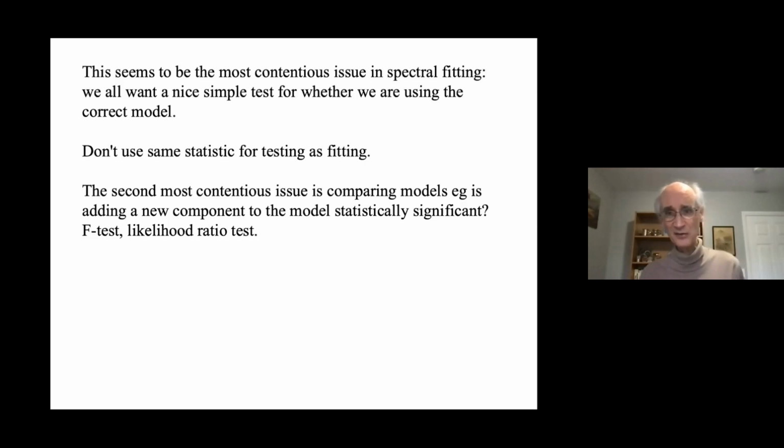That's the simple case, but then the more complicated case is, what happens if I have two totally different models? I don't know whether my source is thermal or non-thermal. Do I compare a thermal Bremsstrahlung with a power law?